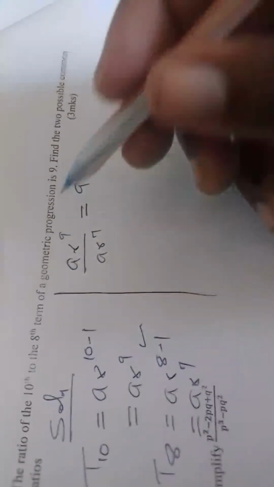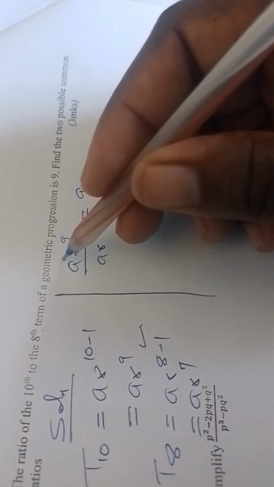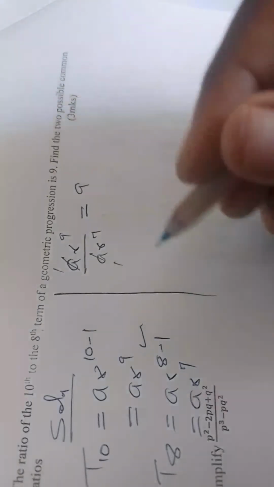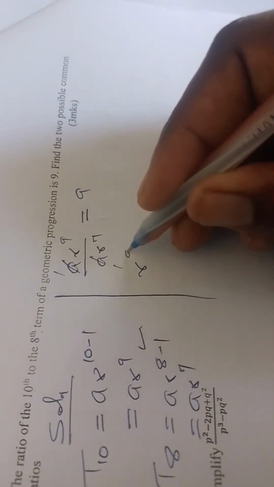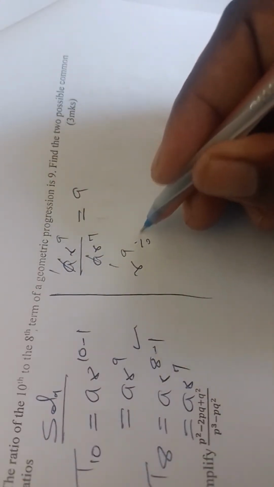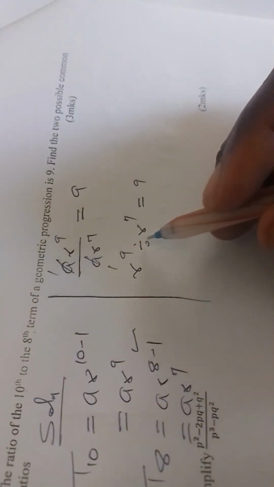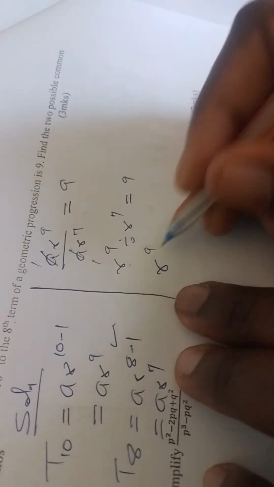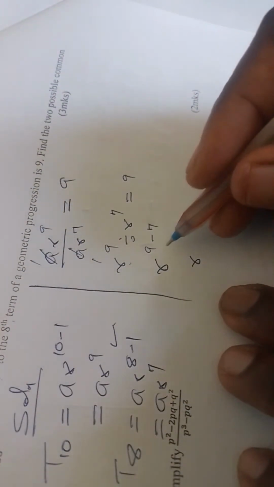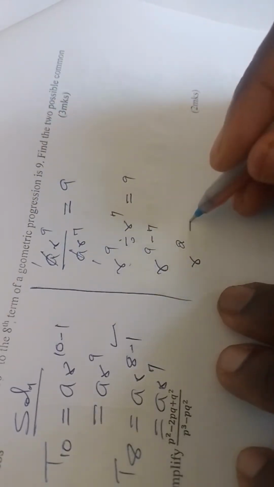So we can cancel a by a. This will be r^9 divided by r^7 is equal to 9. According to the laws of indices, if the sign is division and the bases are the same, we subtract the powers. So this will be r^(9-7), that is r^2, is equal to 9.